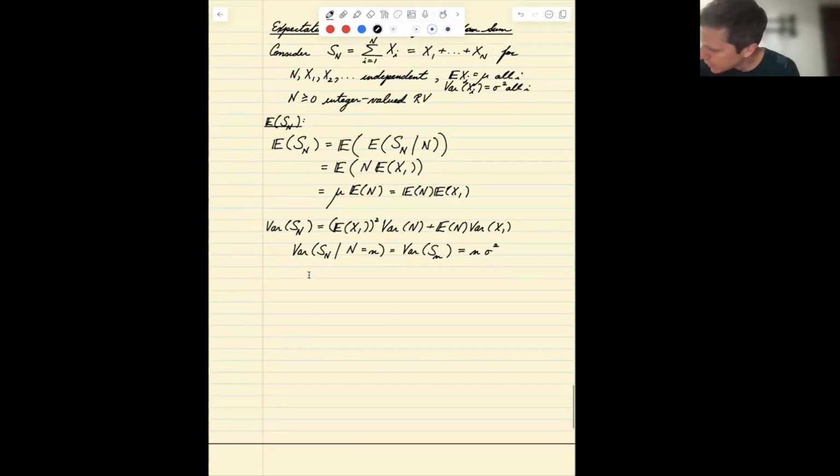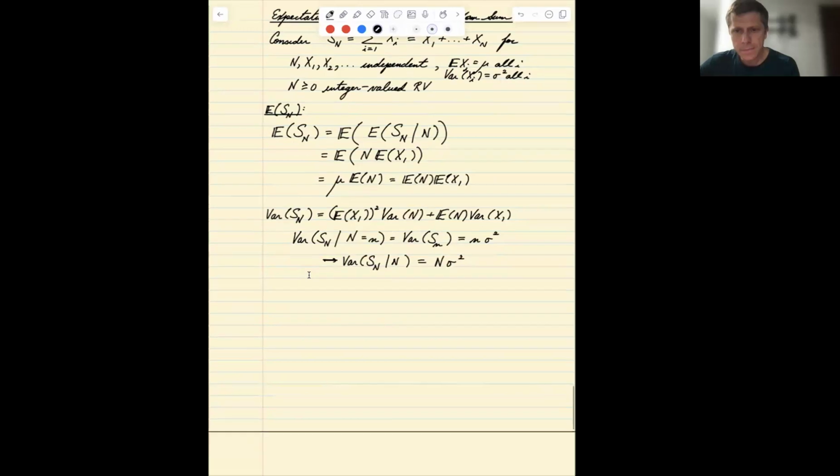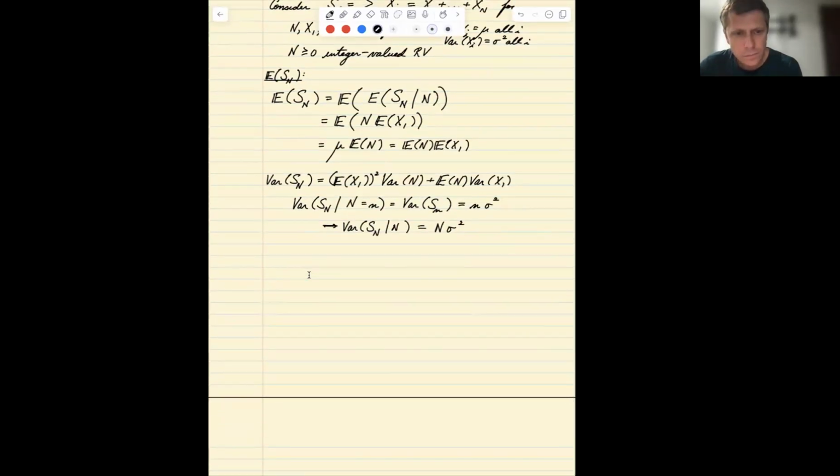So in particular, this tells us that the variance of Sn given N is capital N times sigma squared. And the expectation of Sn, we already calculated before. We know that that's expectation of N times mu.